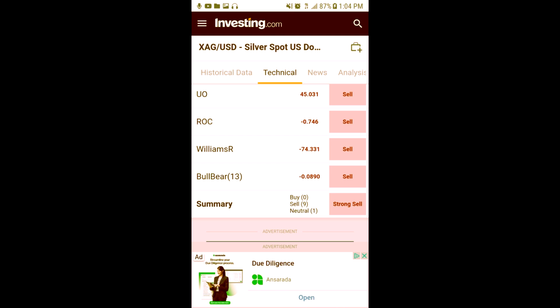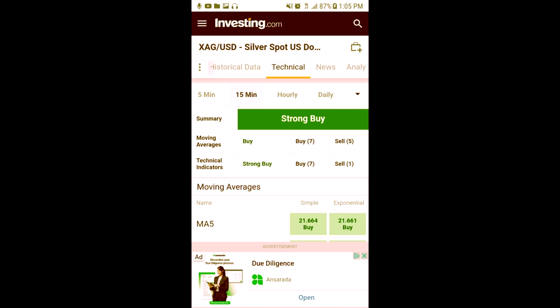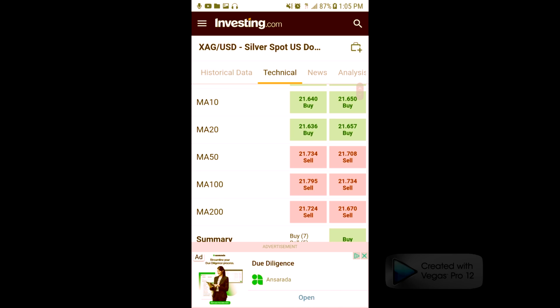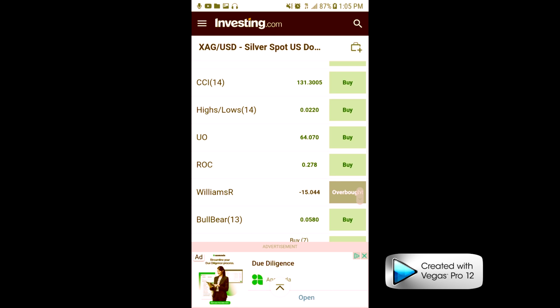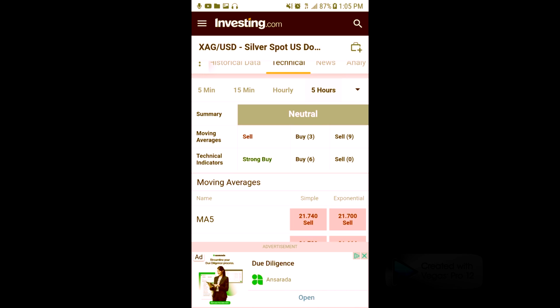You want to buy for 5 hours, right? Now, when do you do that? When the 15 minute is like it is right now. Summary, strong buy, half the chart lit up green. MACD not even green yet, but everything else is green. The MACD is basically the only red left on the chart. That's all you're waiting on.